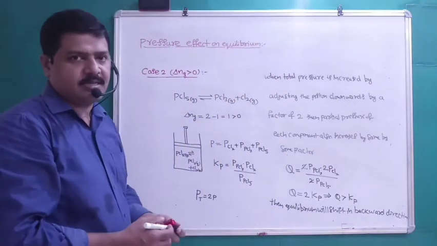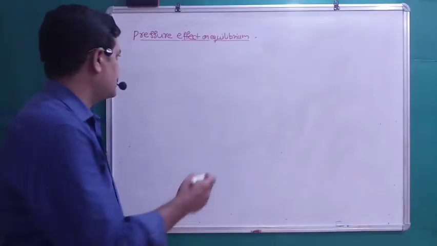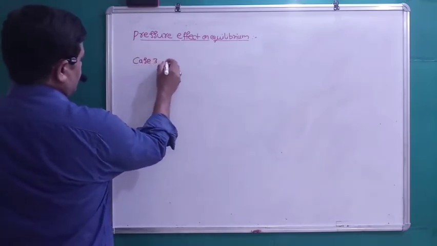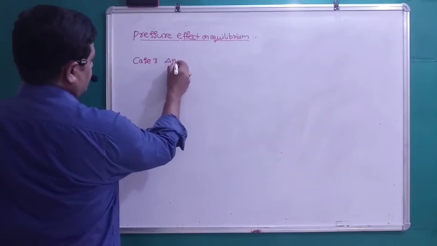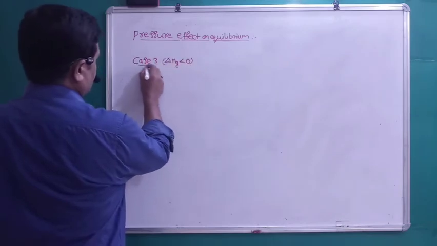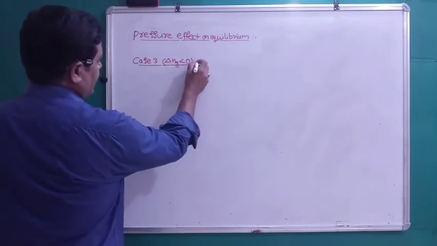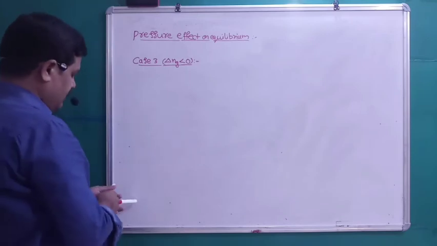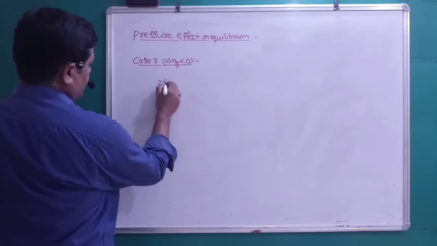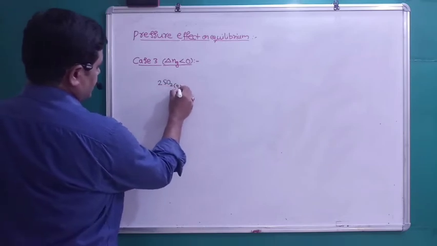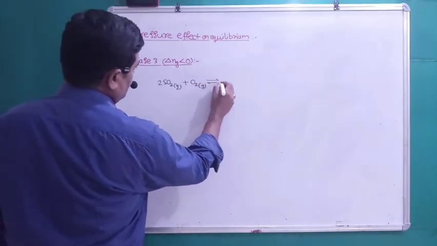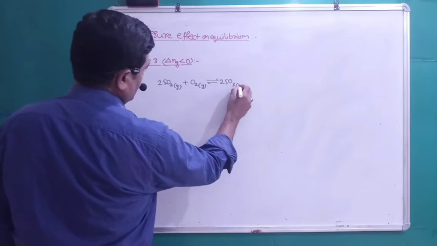Next, let us consider case 3. In case 3, we will consider the equilibrium system for which delta Ng is less than 0. For example, we will take a reaction which is in equilibrium: 2SO2 gas plus O2 gas is in equilibrium with 2SO3 gas.